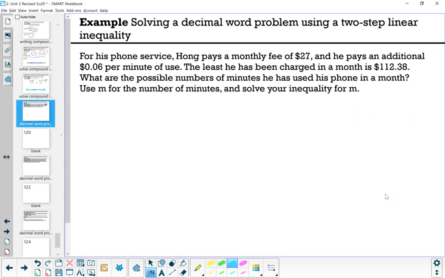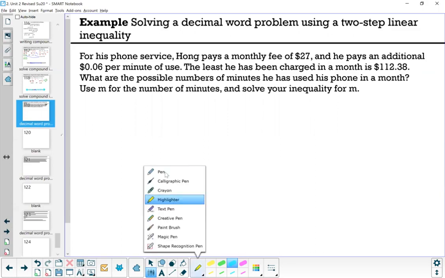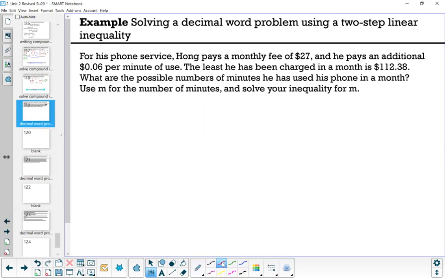So first, let's just read this through. We have, for his phone service, Hong pays a monthly fee of $27. Okay, so I'm going to make a note there because when I read that, I think to myself, that is a flat fee. Next, he pays an additional 6 cents per minute of use.